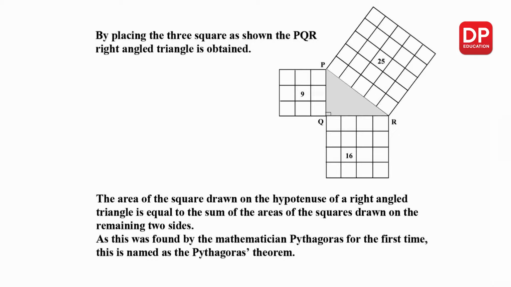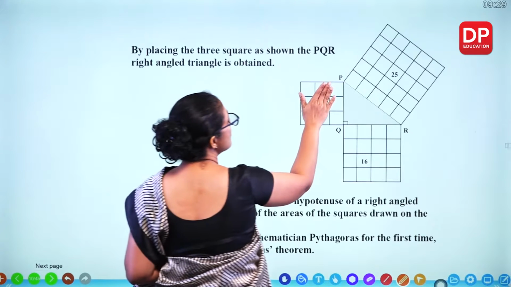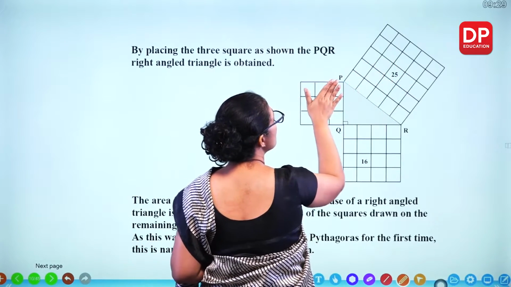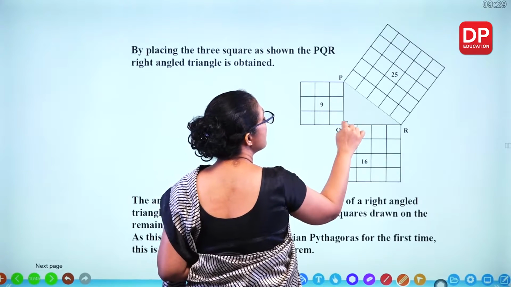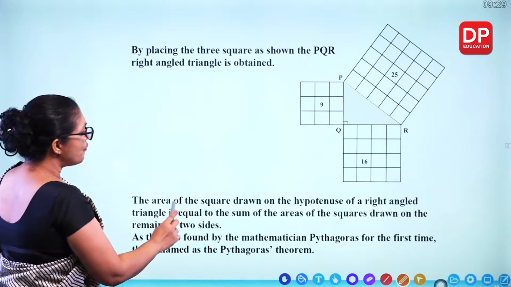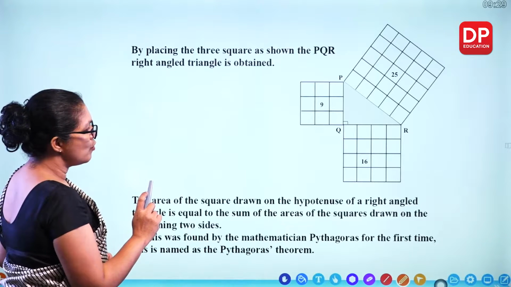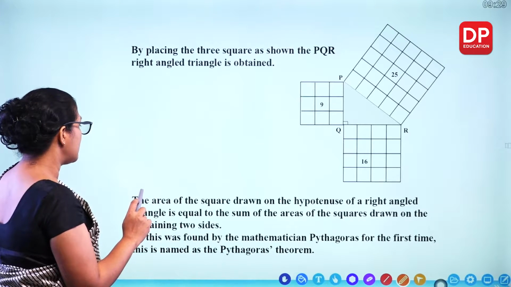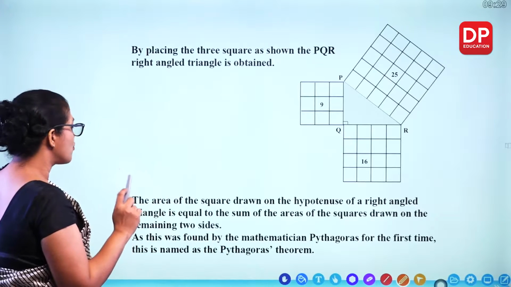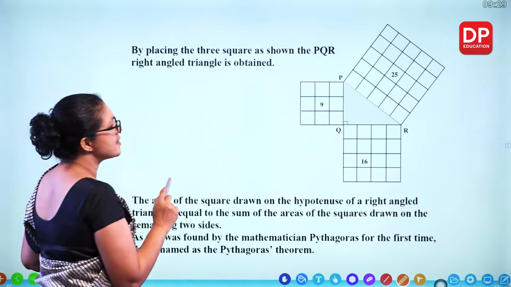By placing the three squares as shown, the PQR right angle is obtained. So here, this one we found, this is 9. This is 16 and 25. So keep like this, making a right angle here. The area of the squares drawn on the hypotenuse of a right angle triangle is equal to the sum of the areas of the squares drawn on the remaining two sides.